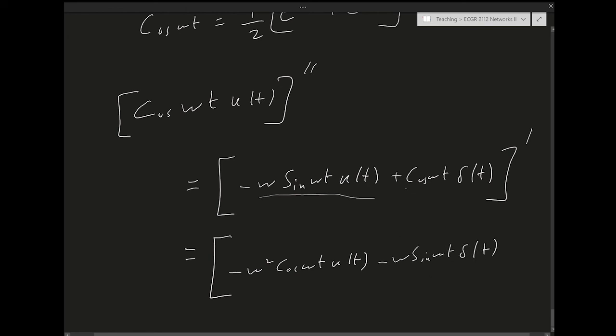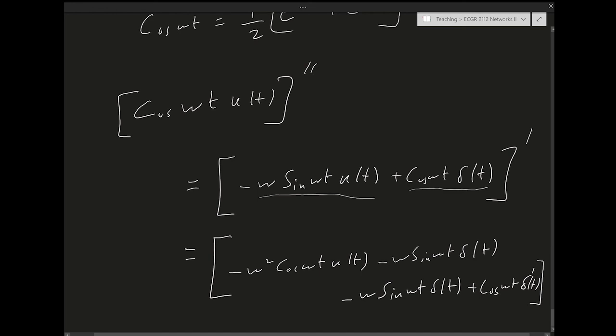And then differentiating this again using the product rule, it's going to be minus omega sine omega t delta t, and then plus cosine omega t delta prime t.